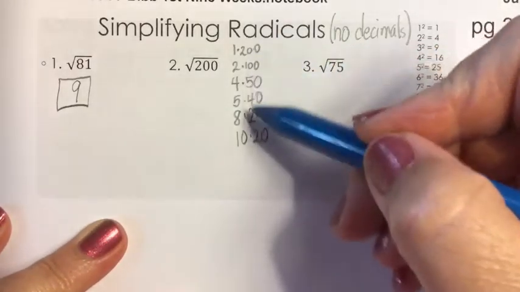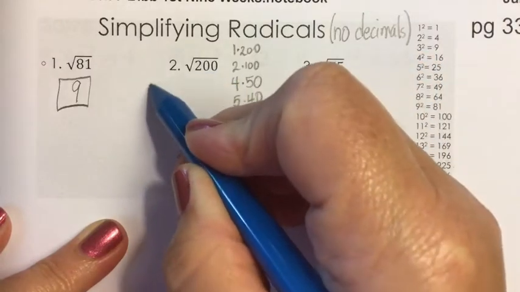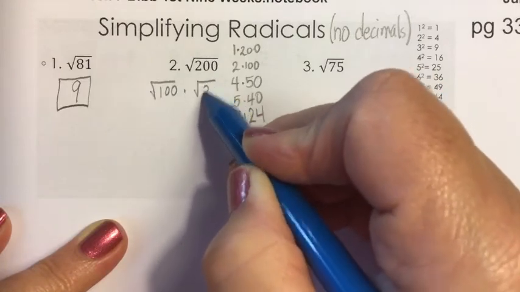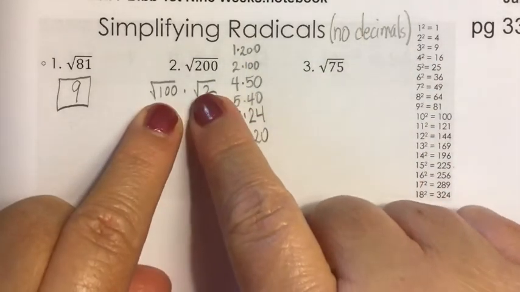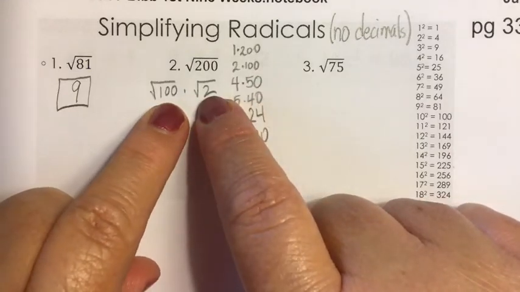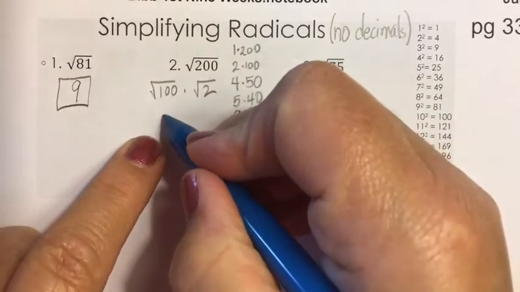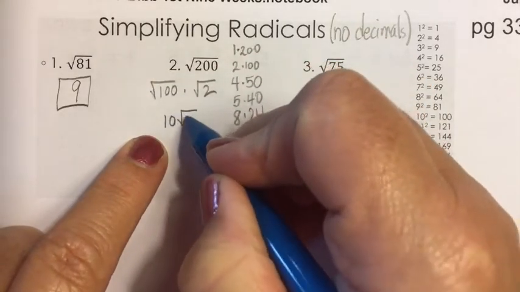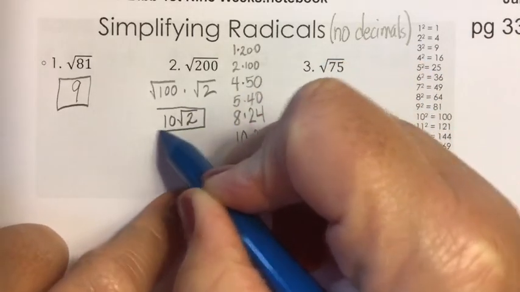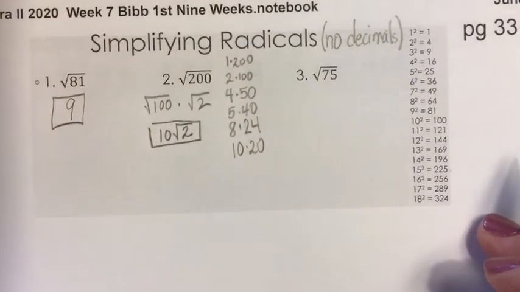So once you find that largest perfect square, rewrite the square root of 200 as an equivalent expression: the square root of 100 times the square root of 2. We already said that 2 times 100 is 200. What is the square root of 100? 10. And I can't simplify the square root of 2, so my simplified answer for the square root of 200 is 10 times the square root of 2.